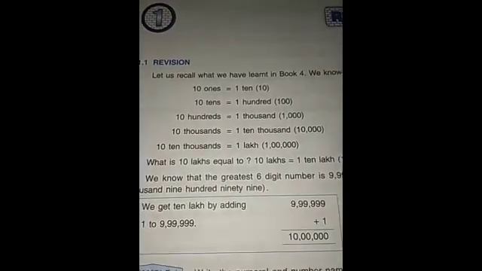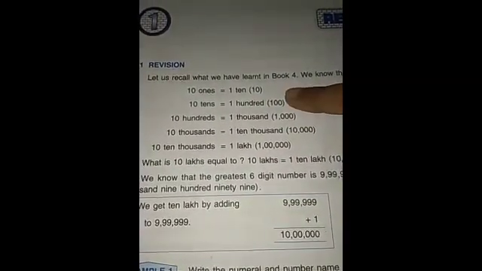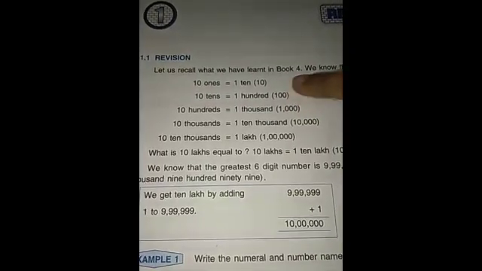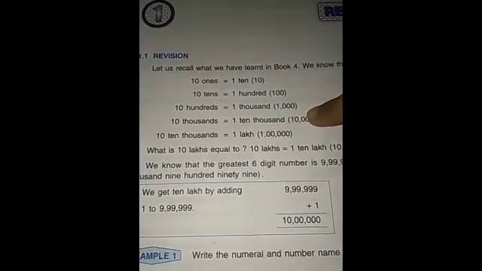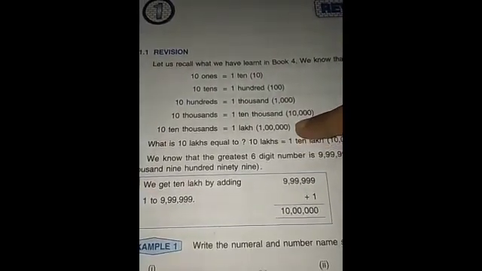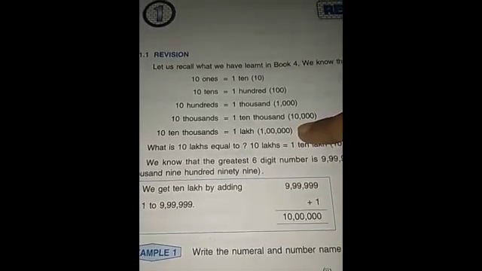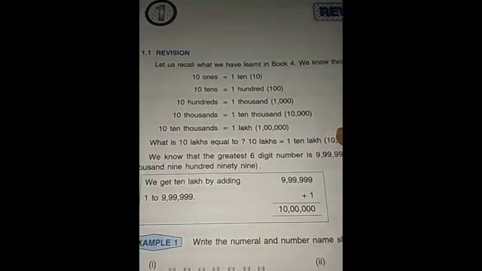We know that 10 ones is equal to 1 ten, 10 tens is equal to 100, 10 hundreds is equal to 1000, 10 thousands is equal to 1 ten thousand, 10 ten thousands is equal to 1 lakh, 10 lakhs is equal to 1 ten lakh.